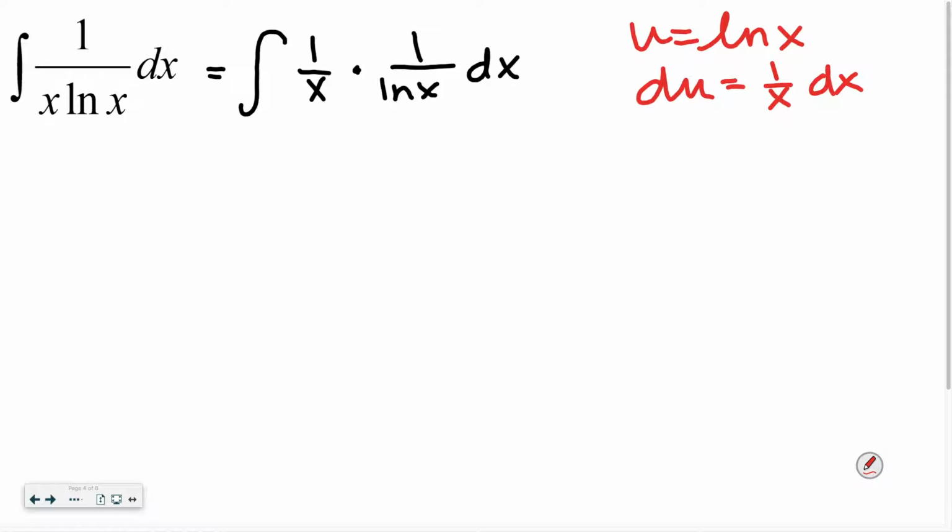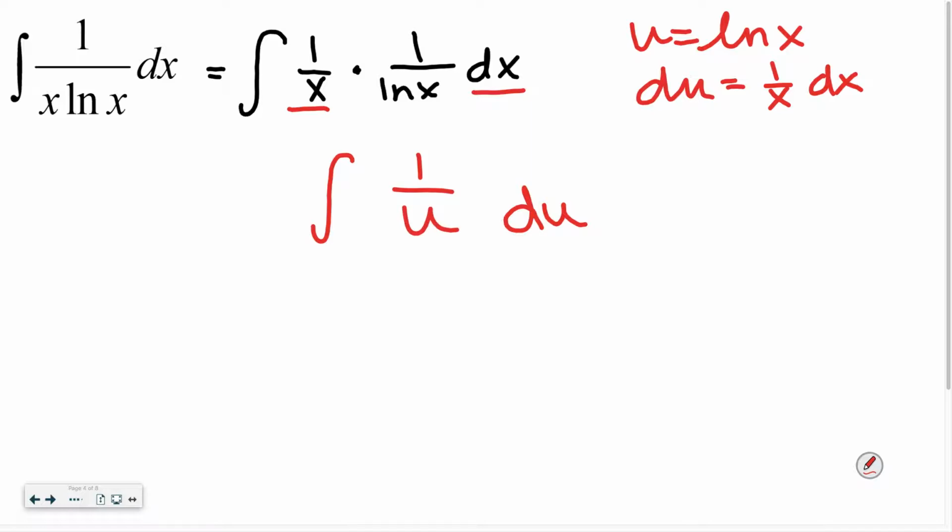Because we have 1 over x dx, right? That's the main issue we need to take care of. So 1 over x dx gets replaced with du. And then if the natural log of x turns to u, we have 1 over u.